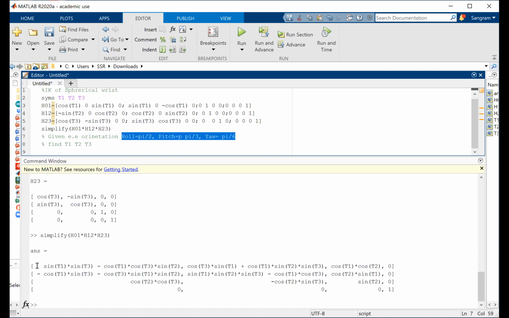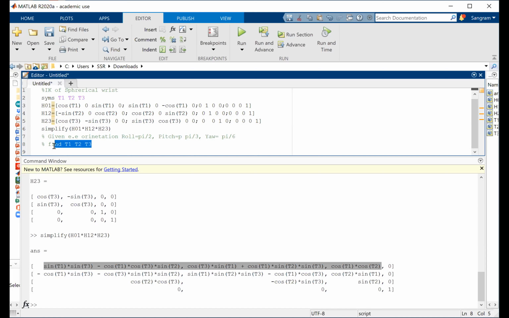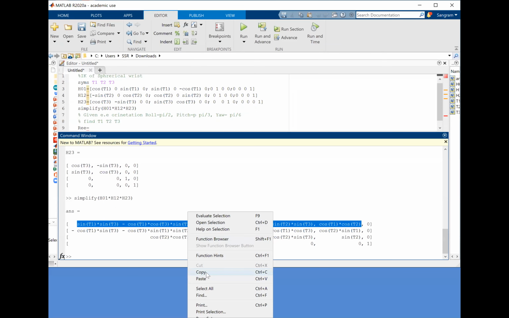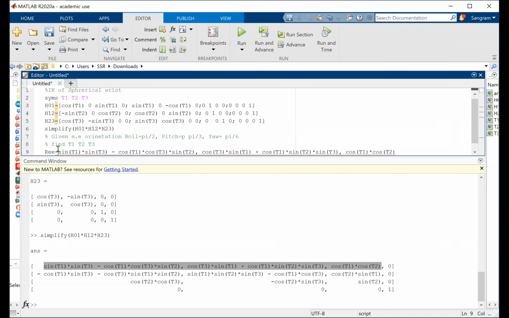Please notice that the first 3 by 3 is my rotation matrix. So my REE is equal to, copy, paste.